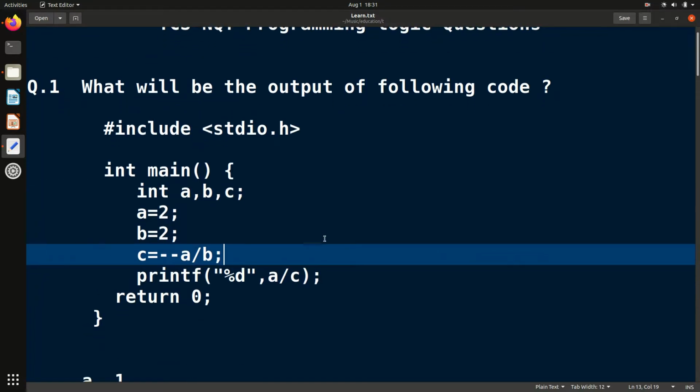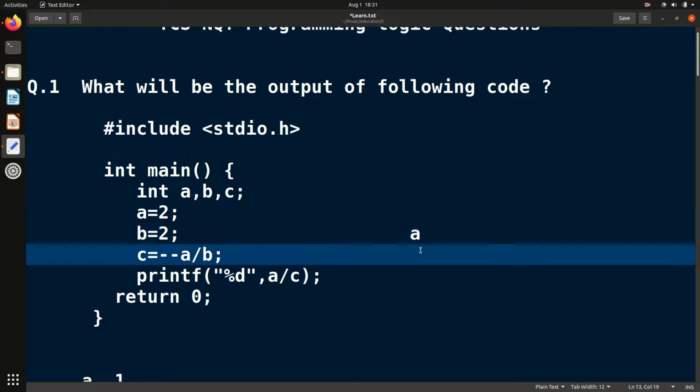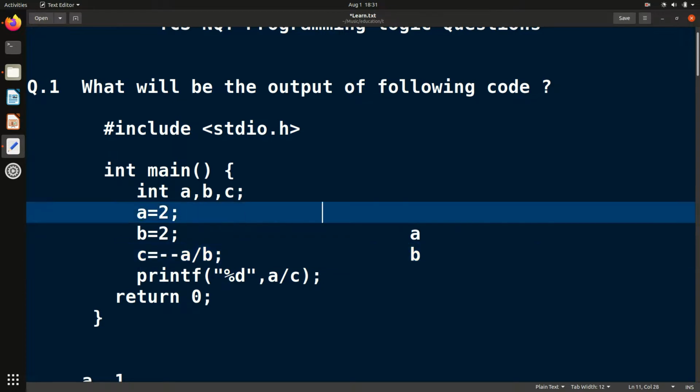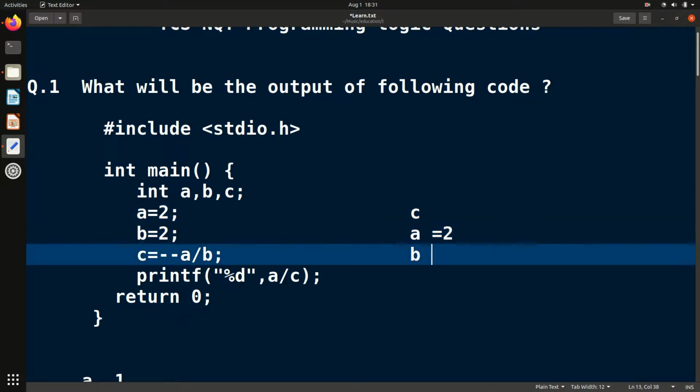If you are watching this video for the first time, whenever you solve this type of question, keep a note of all the values of the variables. So let me make a, b and c. If you do it like this, it becomes very easy to keep note of the values. Initially a equals 2, b equals 2.